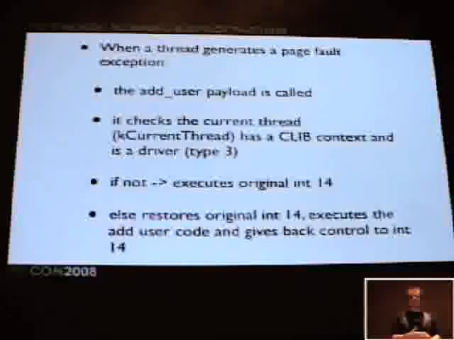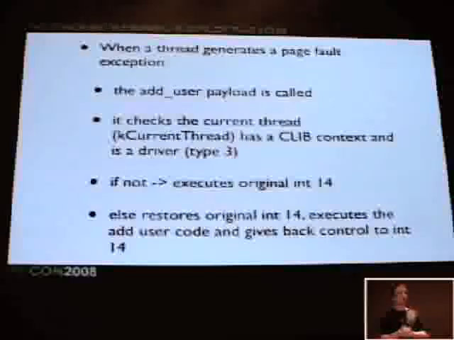Our payload checks if the current thread has a clip context and is a driver. It's pretty easy to know the current thread with the current thread kernel function. So if the thread is not good, we go back to the original page fault handler. Else, it's time to restore the original one, execute our previous add user code, and give back control to interruption 14.